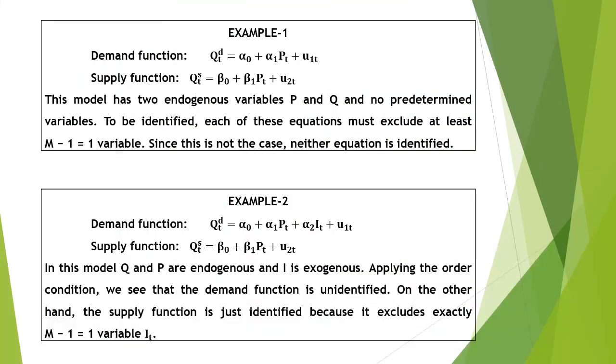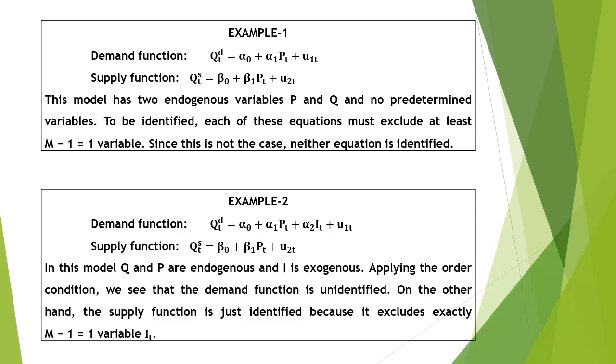Now, we have a few examples to look at the order conditions of identification. Look at the first example, where we have a demand function and a supply function. The demand function is in the form Qd equals alpha 0 plus alpha 1 Pt plus U1, and Qs equals beta 0 plus beta 1 Pt plus U2.